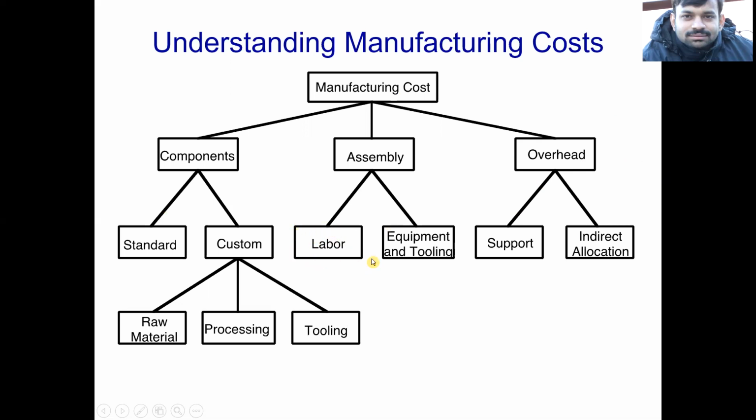And if non-skilled or less skilled labor is required, then they will charge less for doing their work. Similarly, for equipment and tooling, if very precise and accurate shape and size is not required, then the equipment and tooling cost will reduce. And if we require very precise manufacturing, then this cost will be included, and ultimately the assembly cost will increase, which will increase the manufacturing cost.